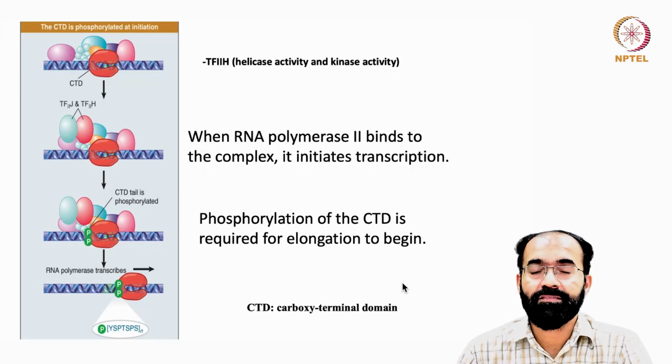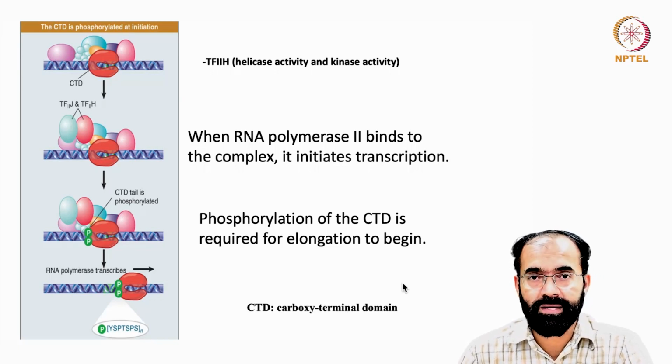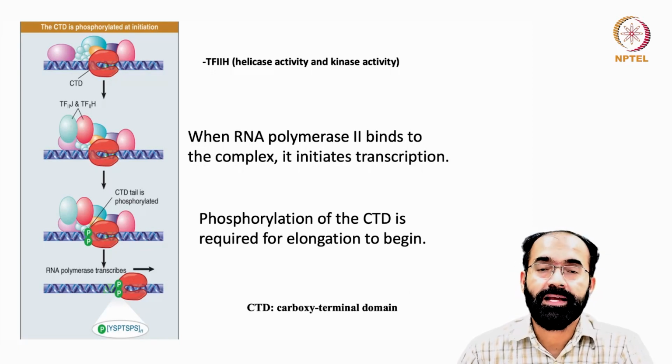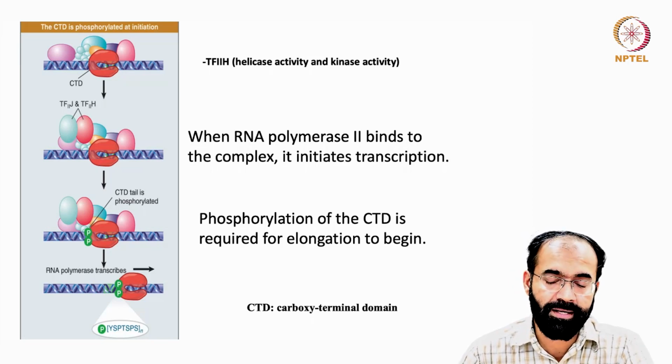Every protein has got two ends. One is an N-terminus and another is a C-terminus, because every amino acid has got an amino group and every amino acid has got a carboxyl group, just like the 5' and 3' end.